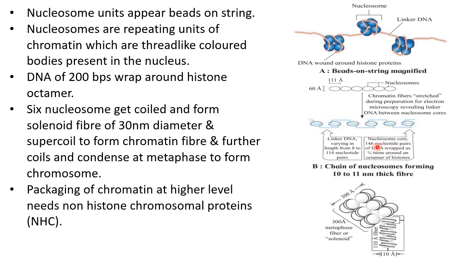of about 146 nucleotide pairs when it is observed under the microscope. Then these nucleosome units are connected with each other with the help of DNA called linker DNA, and its length varies from chromosome to chromosome.